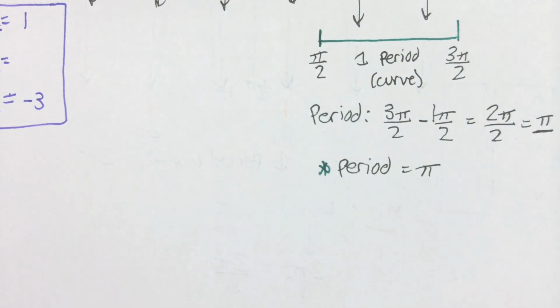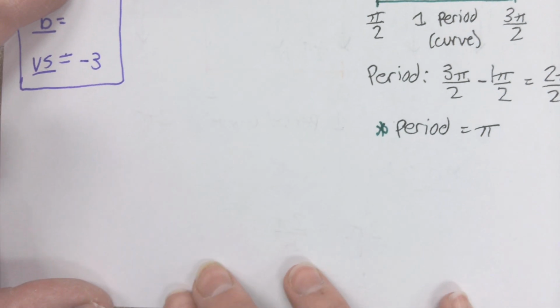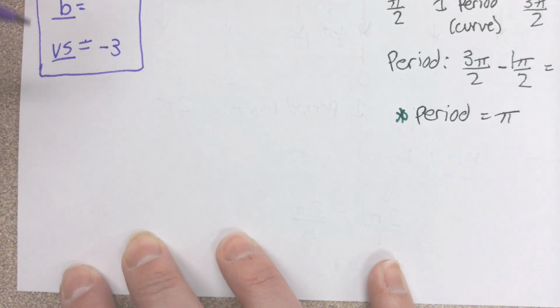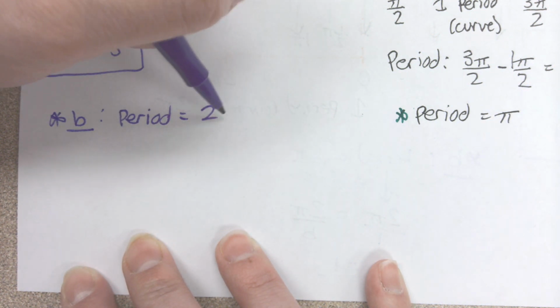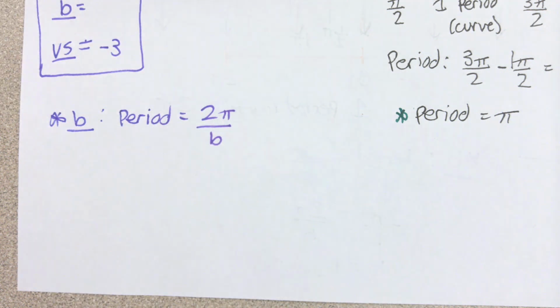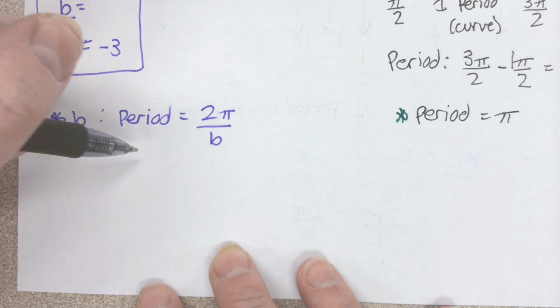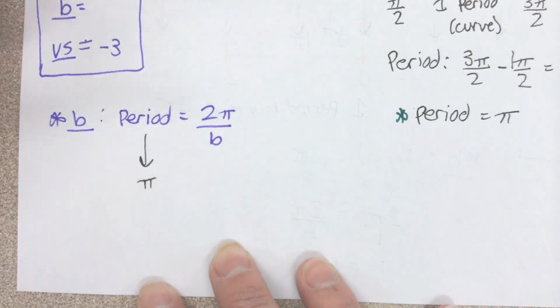And again, we do all of that to figure out the b value. So finding b, the formula period equals 2 pi over b. Once again, we now know that period is actually just pi.